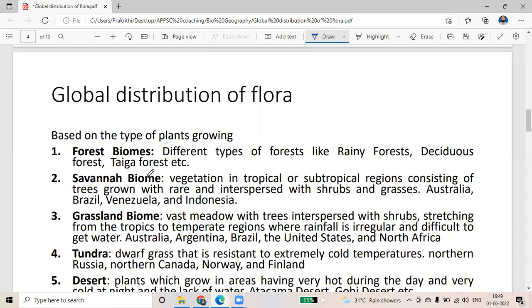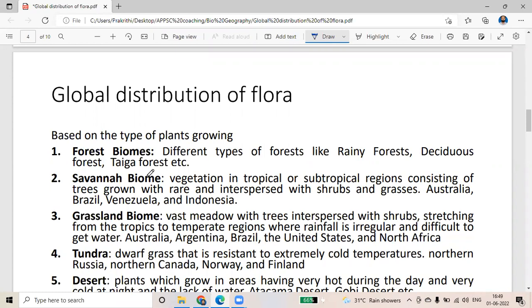Then comes the grassland biomes. From the name itself, we know that this is the area where grasses mostly dominate. There are small trees, but rarely identified.